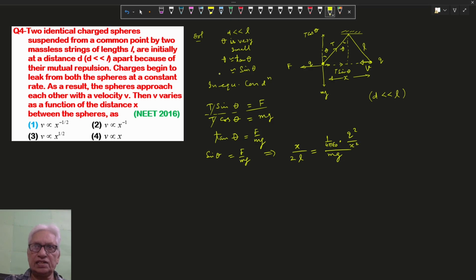It can be written as, say, q square equal to 4 pi epsilon naught x cube mg on 12, a constant.